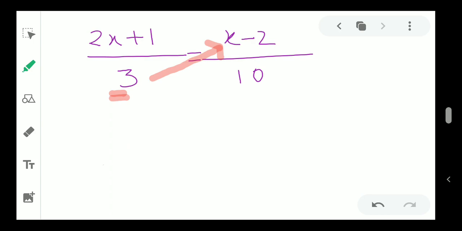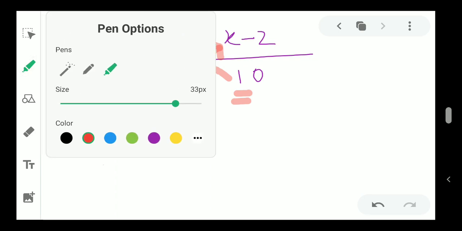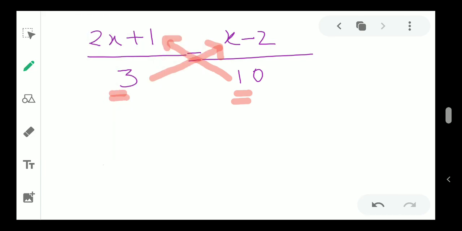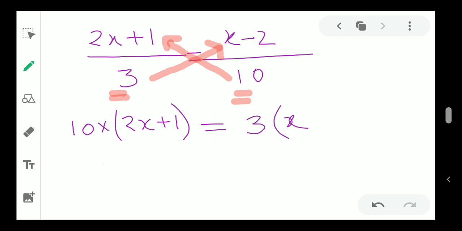Similarly, 10 on the right hand side is in the denominator, so if I shift the 10 to the left hand side, it will go as numerator. So in the next line I can write 10 into (2x plus 1) is equal to 3 into (x minus 2).